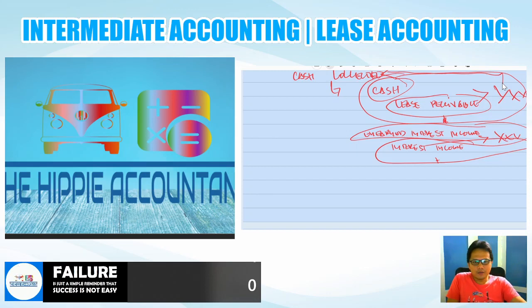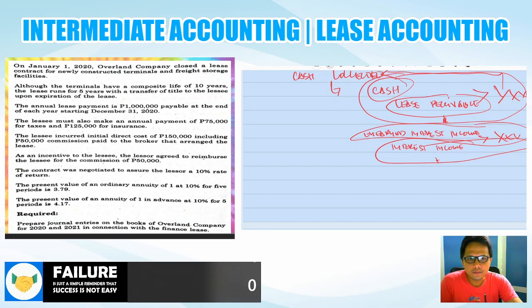Now, for us to fully understand this concept, okay, let's continue our example for Overland Company, no? For Overland Company. So, okay. Di ba? This is our problem, no? So, we have already recognized this initially.